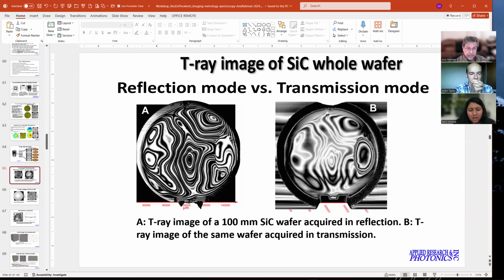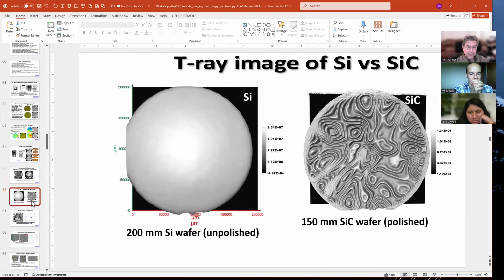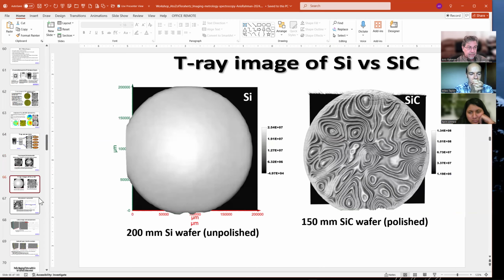What you see as black in reflection is white in transmission, and vice versa. But nonetheless, the pattern is still there. What is in reflection is just in the opposite phase in transmission. So it is a material issue. That's what we believe. And as I showed, it's not in silicon, it's only in silicon carbide.